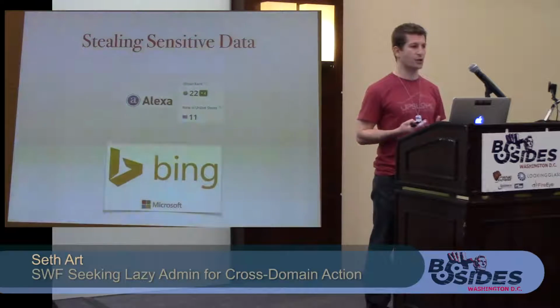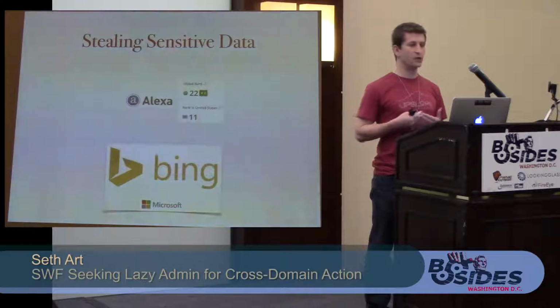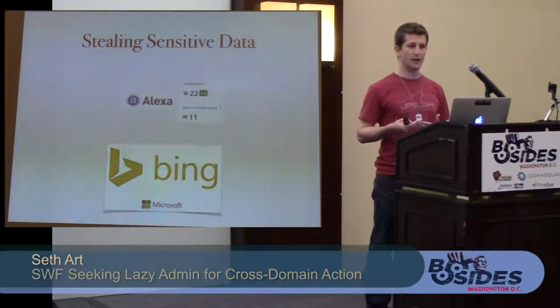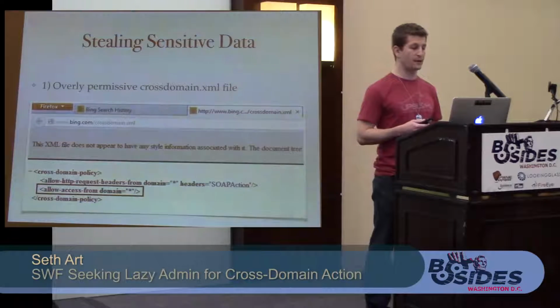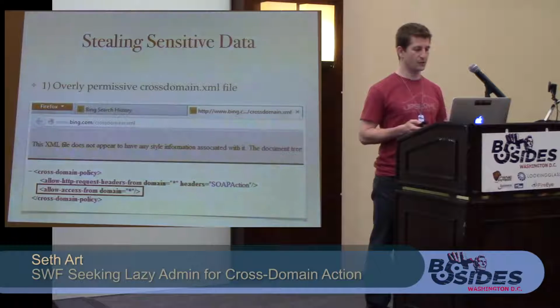And in this demonstration, I'll show how you can exploit this vulnerability to see the search history of everything that your victim has ever searched for while authenticated with Bing. So this was the cross-domain XML file at www.bing.com. As you can see, domain=* for the allow-access-from directive.